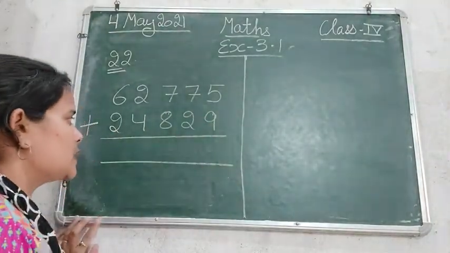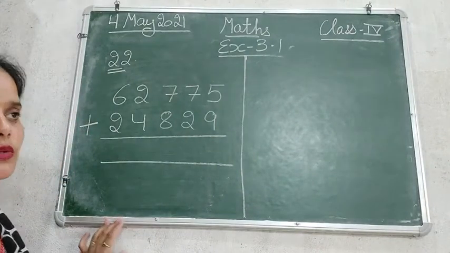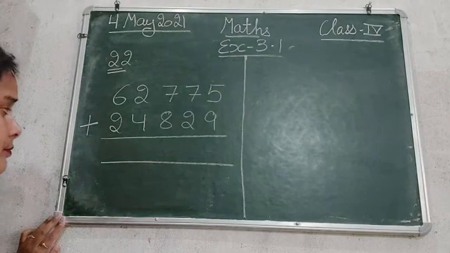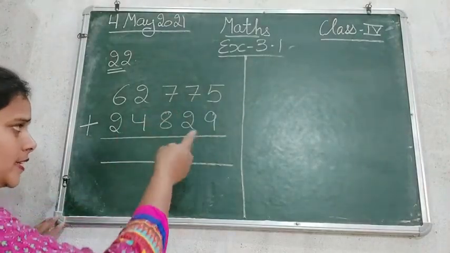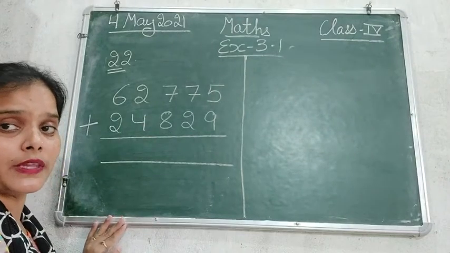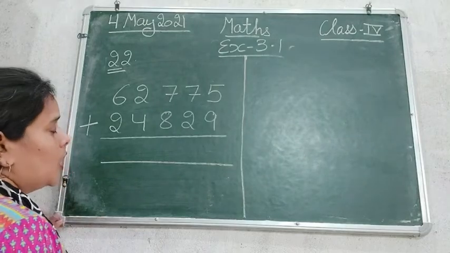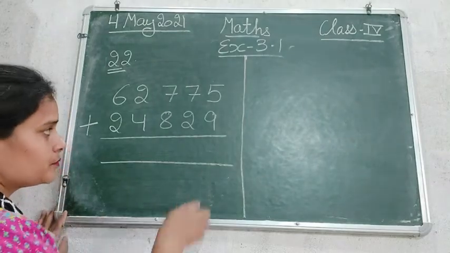They both are 5 digit number, but the addition is same. So same method we are going to follow in the addition of whether it's 4 digit, 3 digit, 5 digit or 10 digit. Okay, so let's add them.